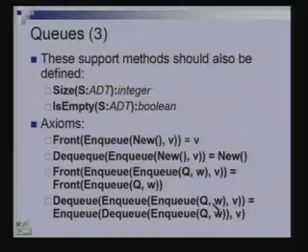If Q is not empty, then when I enqueued w, then I enqueued v again. So, I have a queue in which I have first all the elements of Q followed by w followed by v, and then when I dequeued, what should I be left with? I will be left with the original Q without the front element, followed by w followed by v.